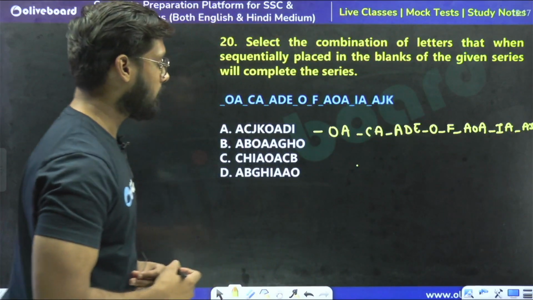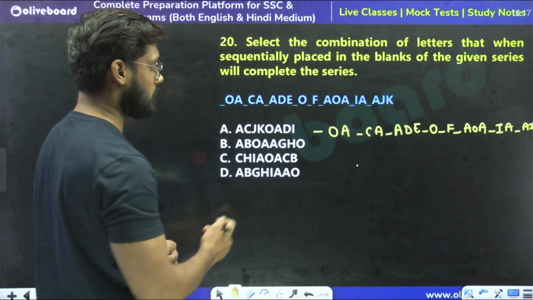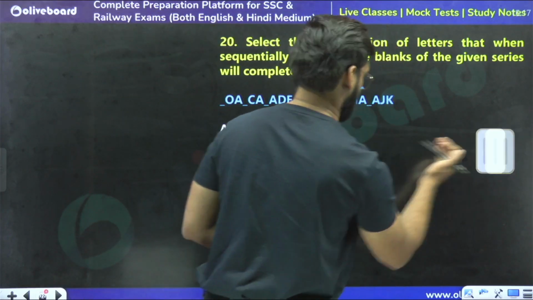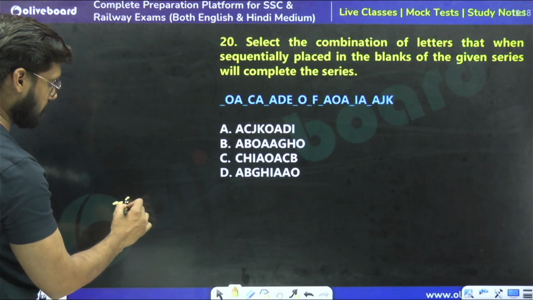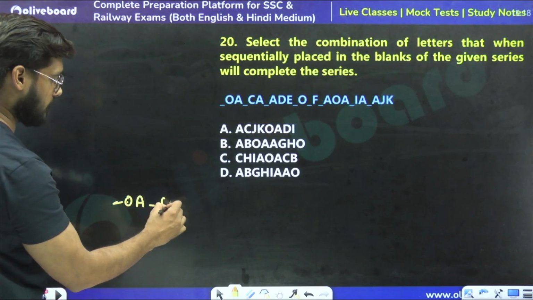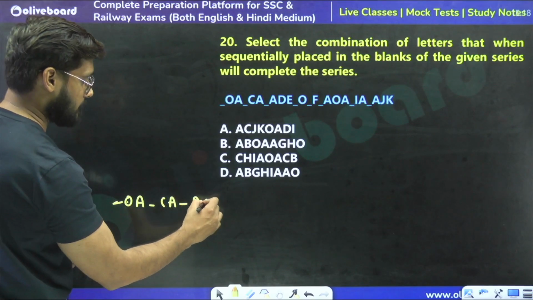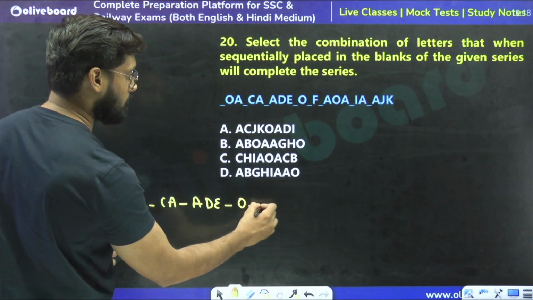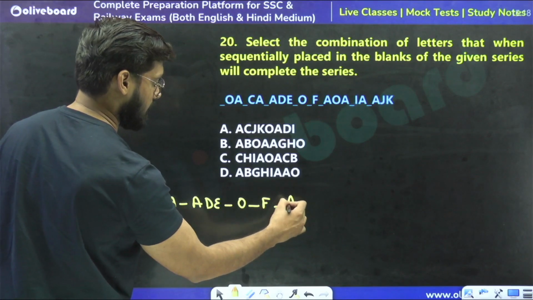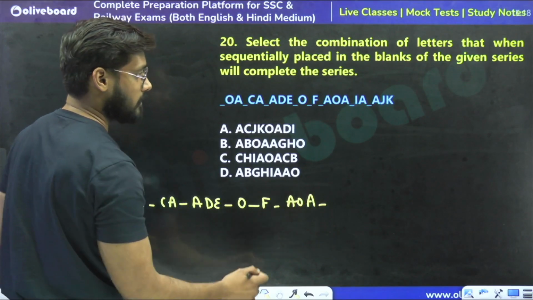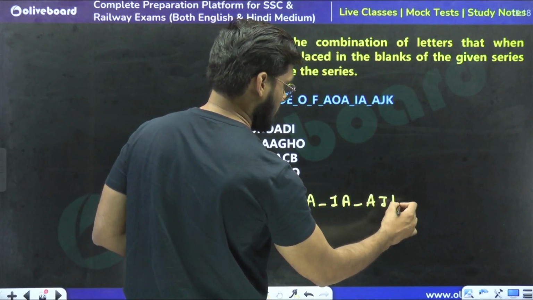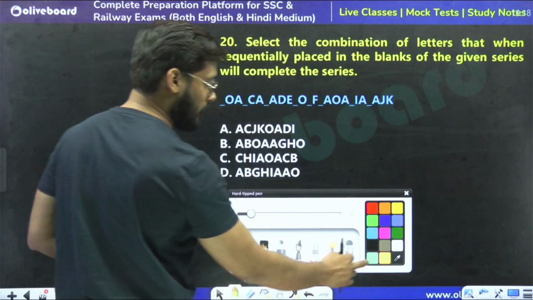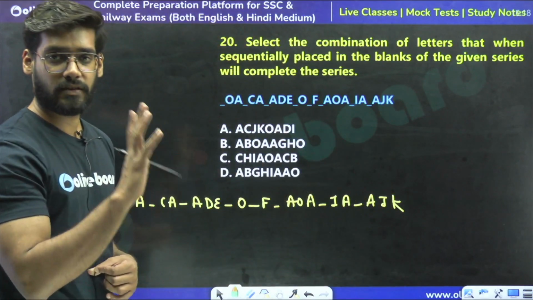Okay, now let's try to solve this. Give me a moment. Let me write over here, this will be enough space. Blank OA, blank CA, blank ADE, blank O blank F, blank AOA, blank IA, blank AJK. Now let's count the number of elements first. How many elements are there?